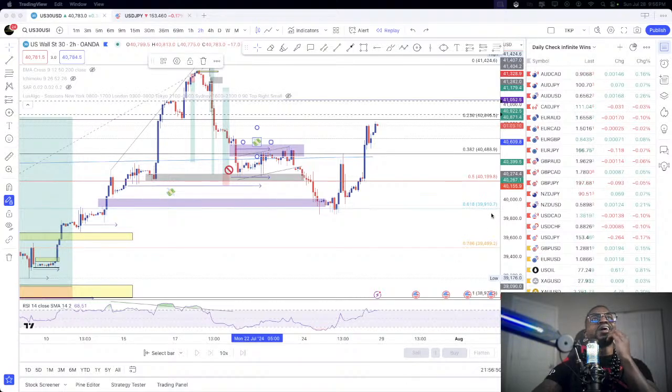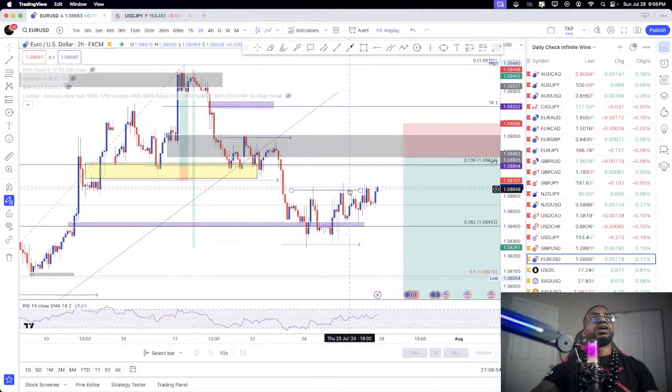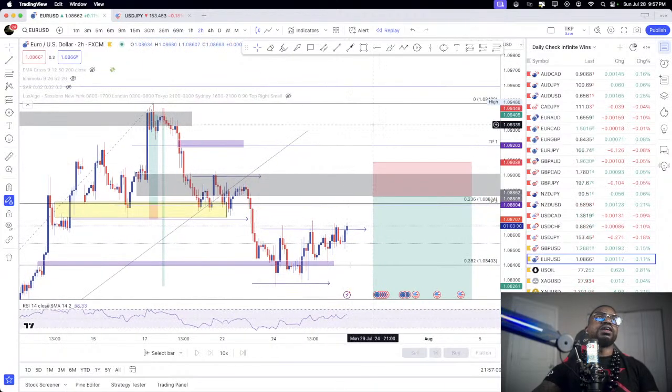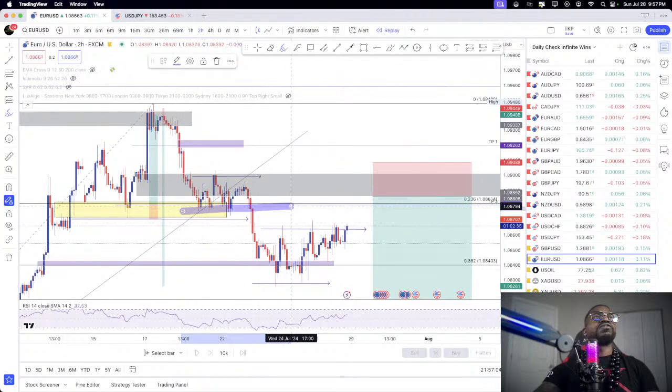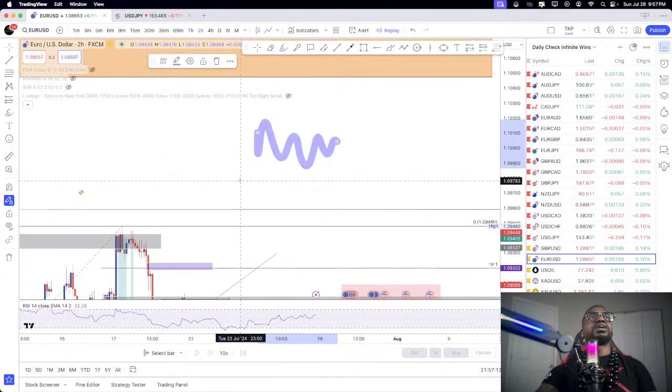So I believe we will get a push up to this level that I was looking for here. Now, I don't want you guys to get too confused. Just look at the basic things that we've been talking about, which is, again, identifying that area of range.